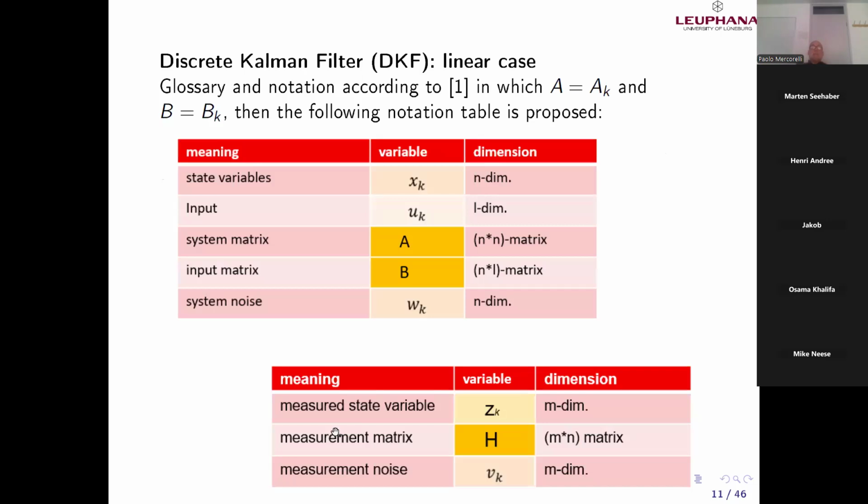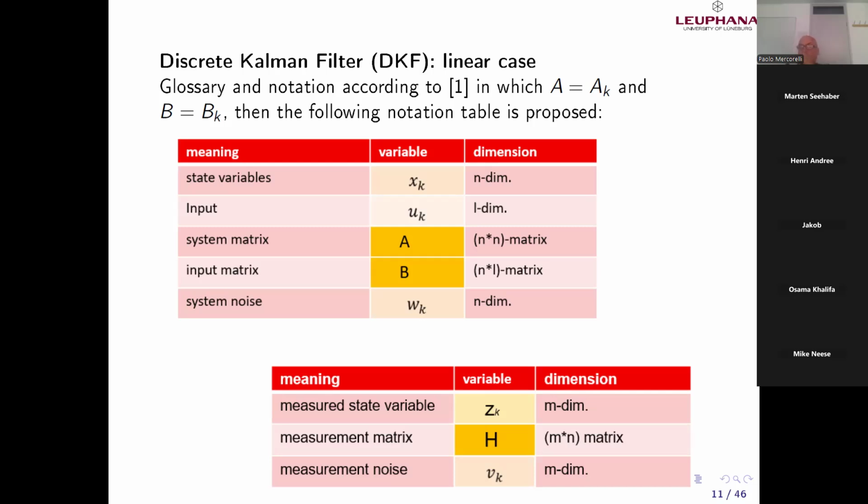Now, let me introduce the notation of the Kalman filter as typical notation. We can see that the state variables are characterized by x_k, with n dimension, where typically n is the number of states. This means x represents the state, which consists of n variables, for instance two variables we have seen, current and velocity.